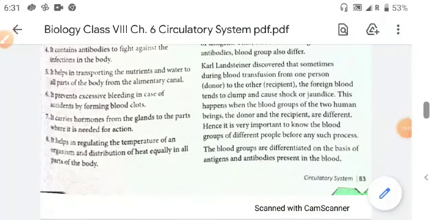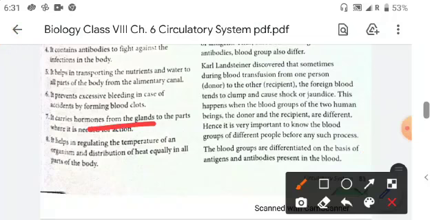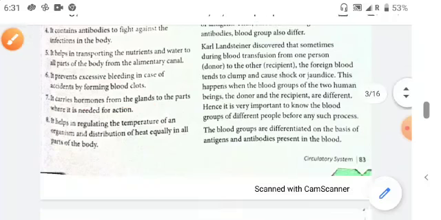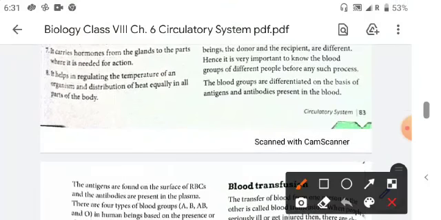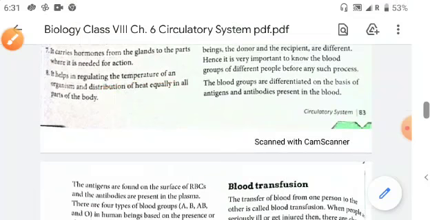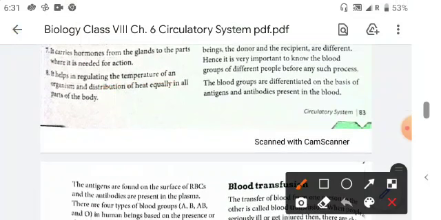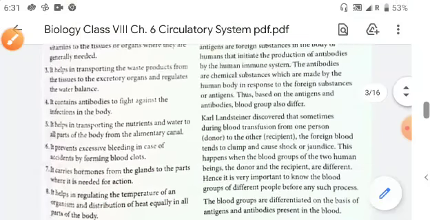Next, blood carries hormones from the glands to the parts where they are needed for action. And blood helps in regulating the temperature of organisms, and the blood distributes equal heat to all parts of the body.